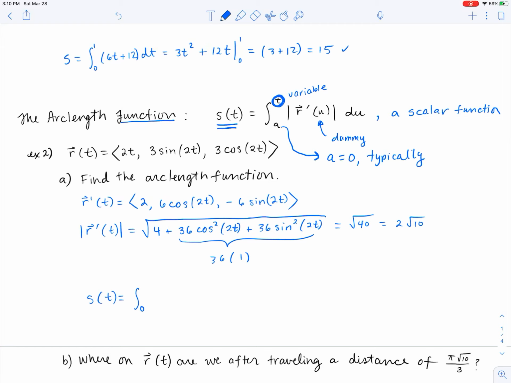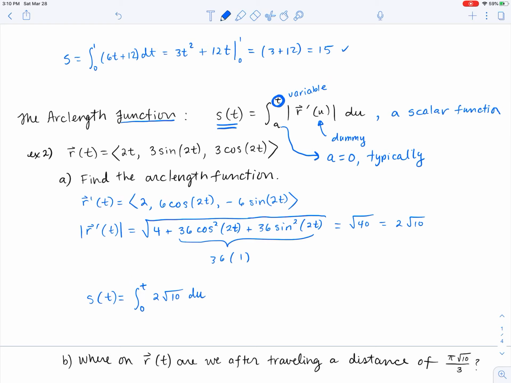If we're starting at t equals 0, that's pretty normal. And t is the amount of time that passed after 0. So we're taking the integral from 0 to t, and now we're going to plug in the magnitude of r prime of t. So that is 2 root 10.